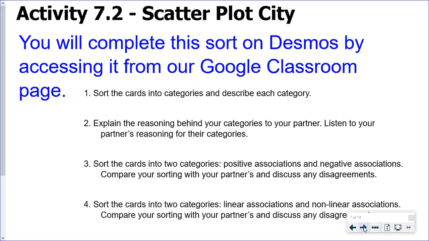Moving on to the second activity. This activity today you're going to actually complete on Google Classroom. There is a Desmos link connected to our classroom where you will complete the sort. So I know there are some questions at the bottom of page 50 and the top of page 51 in your workbook. These questions are embedded on the digital version, which again is linked to our Google Classroom page.